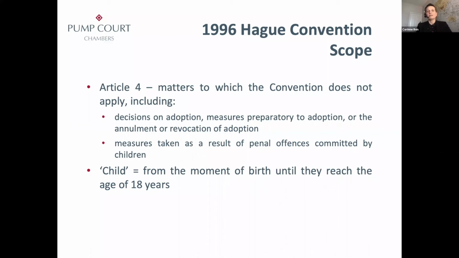And importantly, it is from the moment of birth, not pre-birth, which may be of importance in cases where you're doing a pre-birth assessment, for instance, and considering proceedings right from when a child is born.